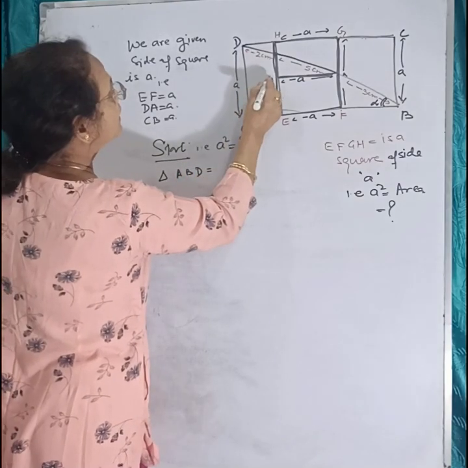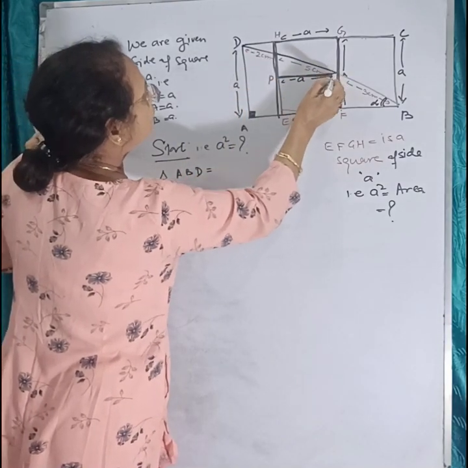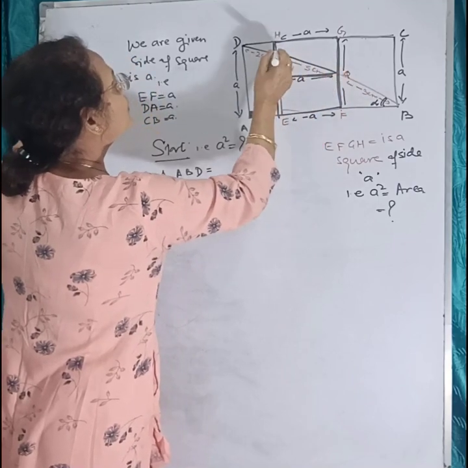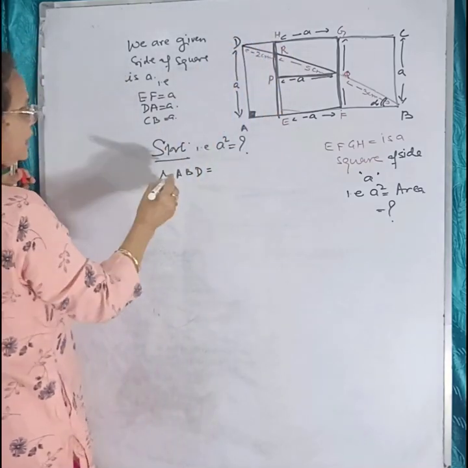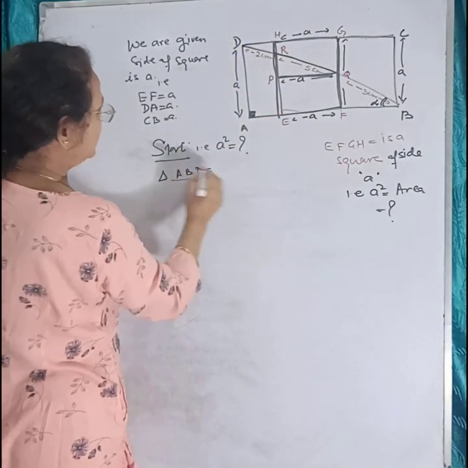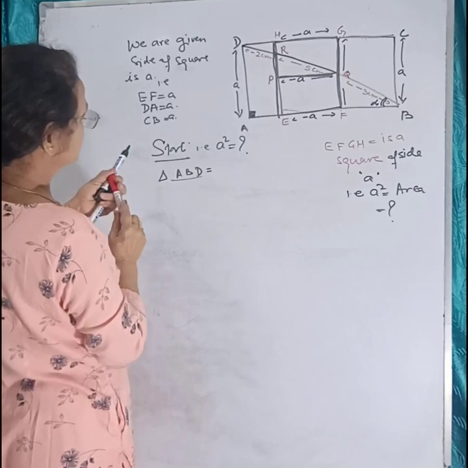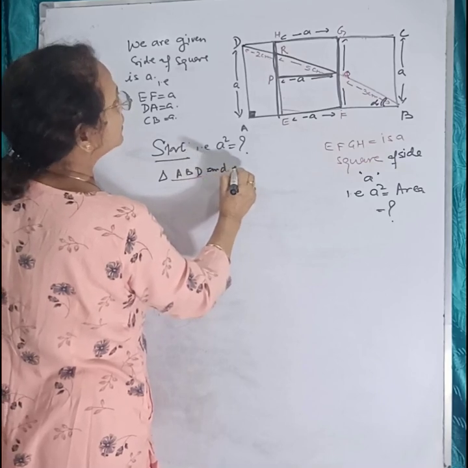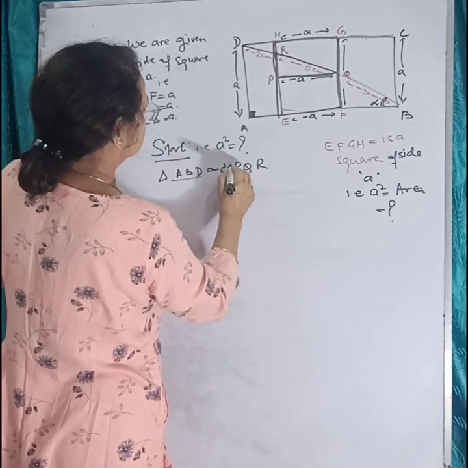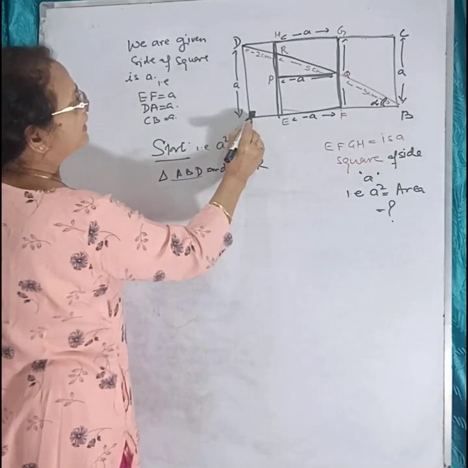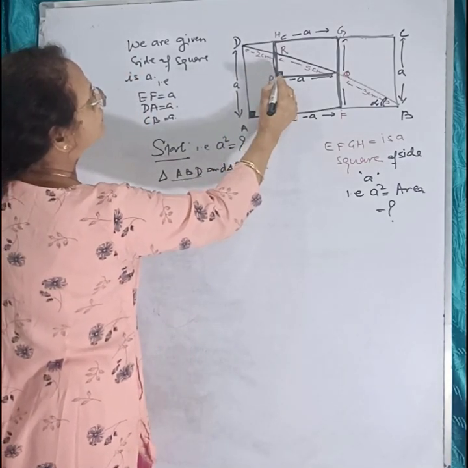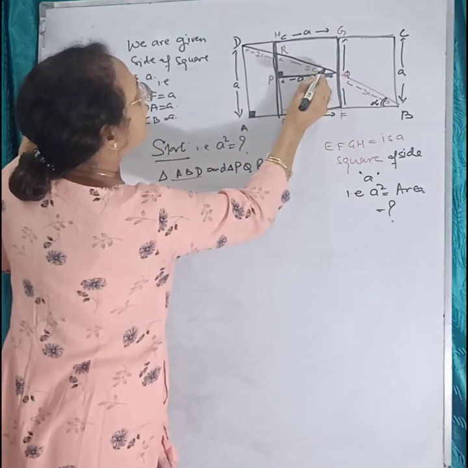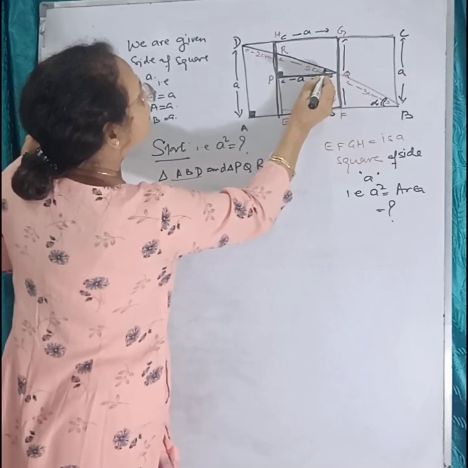This is P, point Q, point R. In triangle ABD and PQR, this is 90, ये 90 degree है, ये भी 90 होगा. Because they have dropped, this is 90 होगा. This is alpha, it means this will be also alpha. This angle will be equal to alpha.